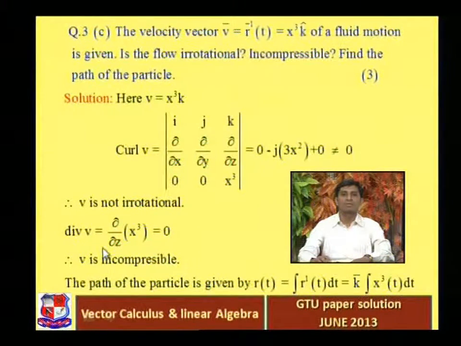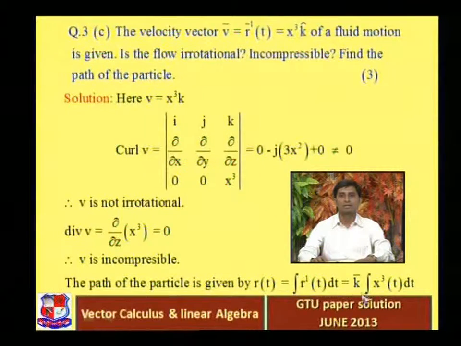But for divergence of v, del by del z of x cube is equal to 0, clear? So v is incompressible, that is correct. And the path of the particle is given by r of t is equal to the integration of r dash t dt, that is equal to k bar integration x cube of t dt, right?